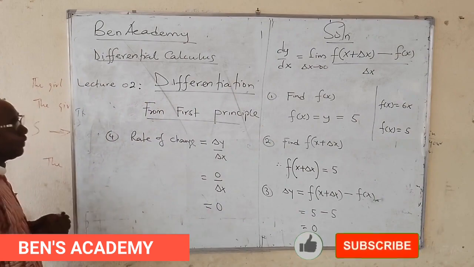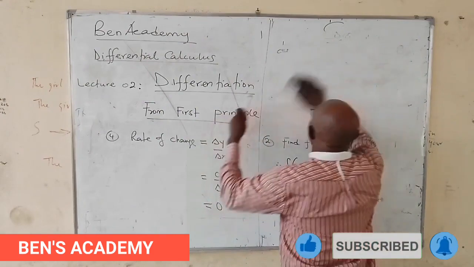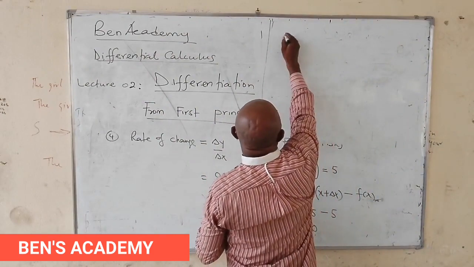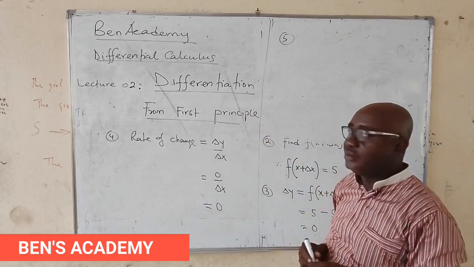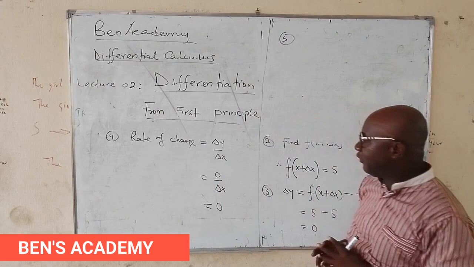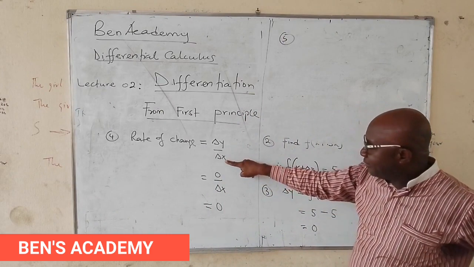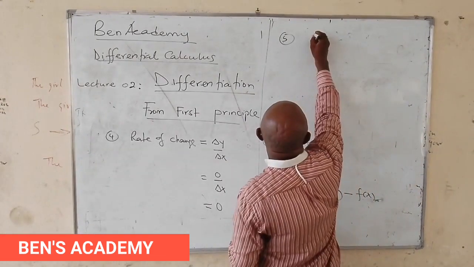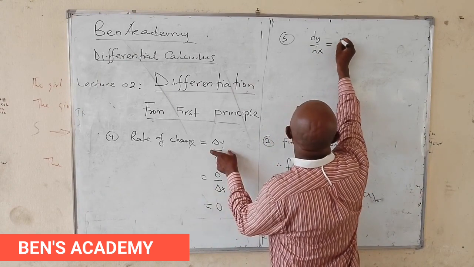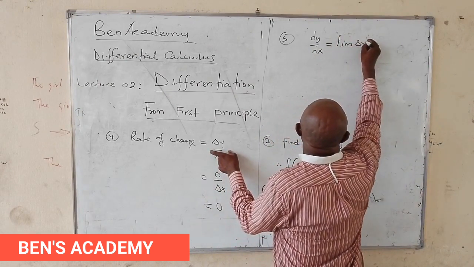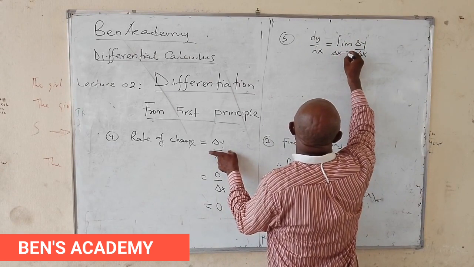The last step, step 5, we'll now find the instantaneous rate of change. The instantaneous rate of change is when you take the limit of this as change in x is approaching 0. And we write this in symbol as dy/dx equal to the limit of change in y upon change in x as change in x is approaching 0.